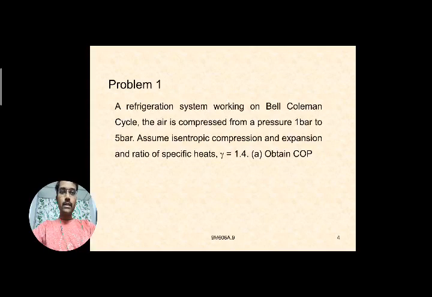A refrigeration system works on the Bell-Coleman cycle. The air is compressed from a pressure of 1 bar to 5 bar. Assume isentropic compression and isentropic expansion, and the ratio of specific heats, that is the gamma value, is equal to 1.4.